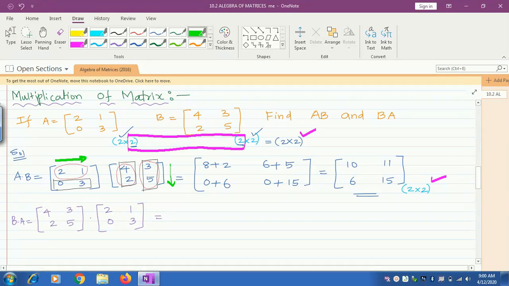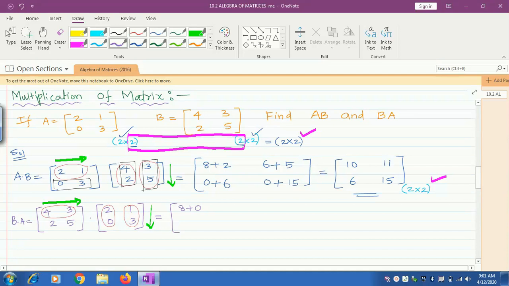Take first row, multiply with each column, right? So first what you have to do, take row, multiply with column. What will we get? The first one 4 into 2, 8, plus 3 into 0, 0.